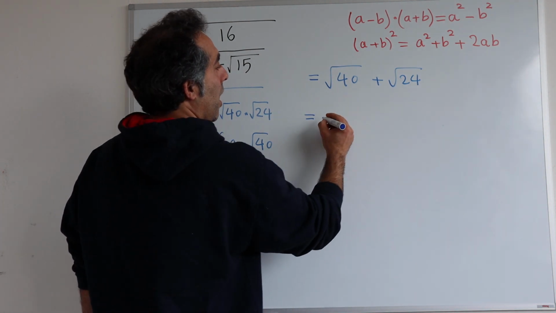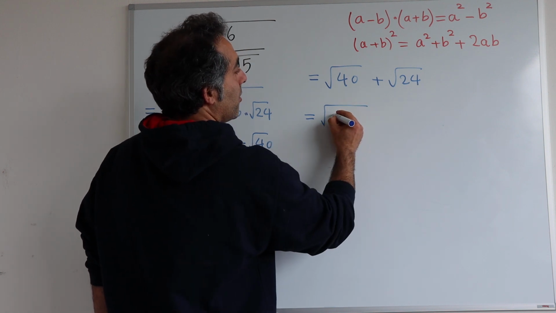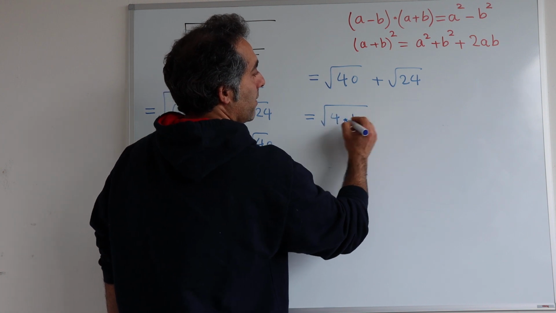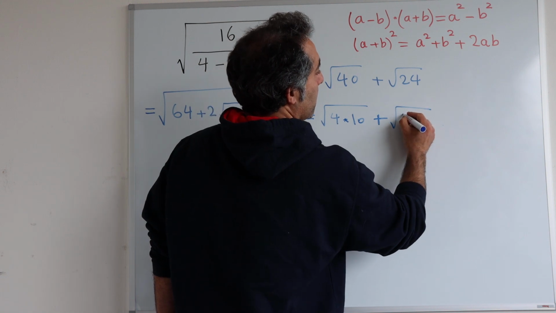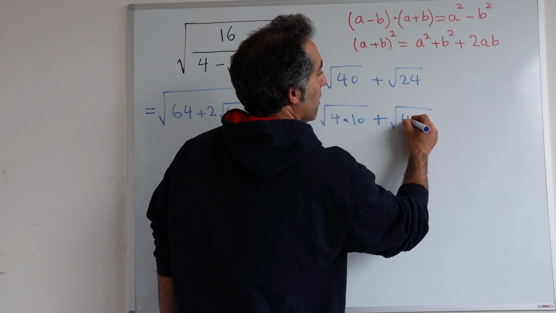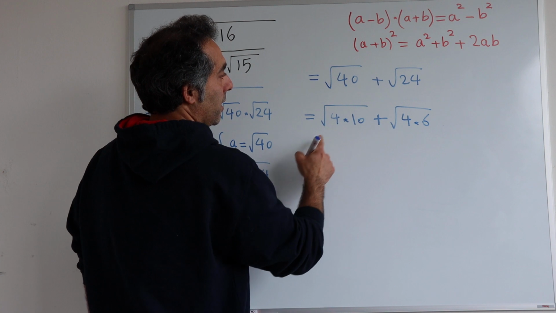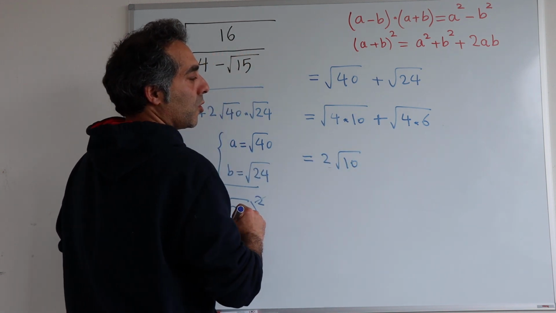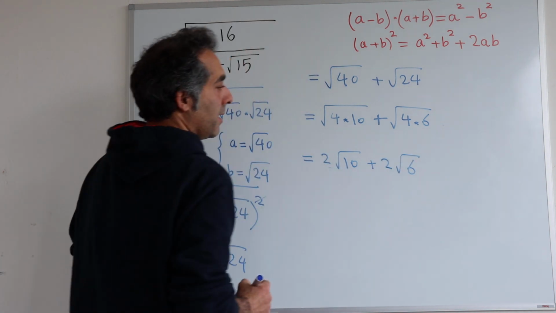And you know that one is 4 times 10 plus 4 times 6, and that is 2 times square root of 10 plus 2 times square root of 6.